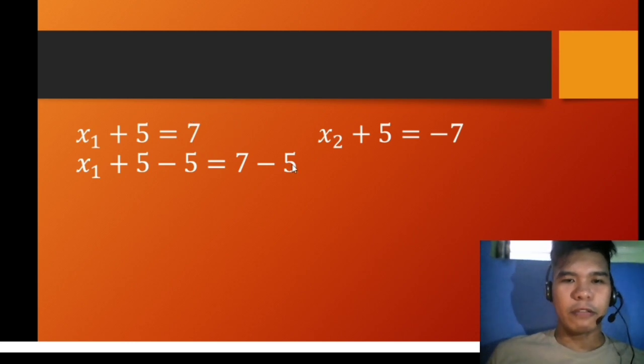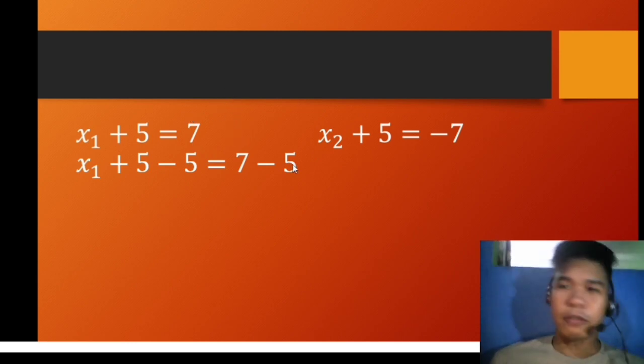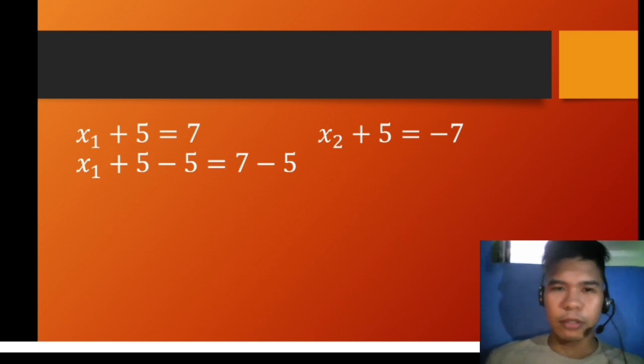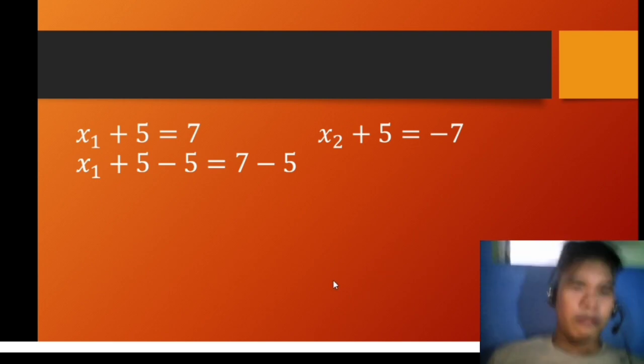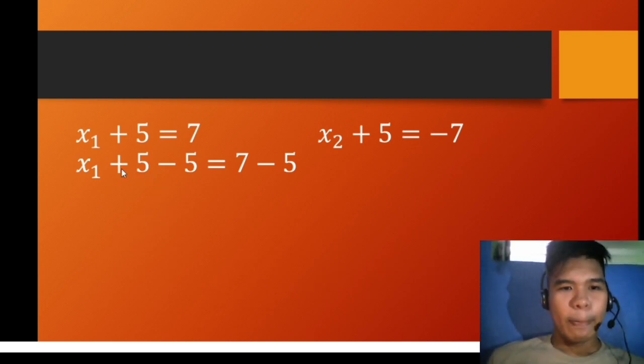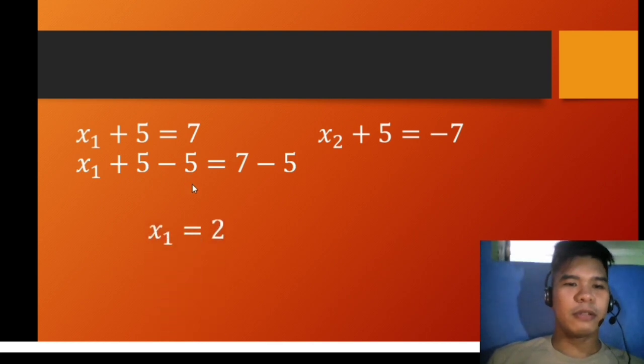Subtract also 5 on the other side of the equation. So 7 minus 5. And then we simplify: 5 minus 5 is now 0. You will have x sub 1. And then 7 minus 5 is positive 2. So the first solution for the given is positive 2.